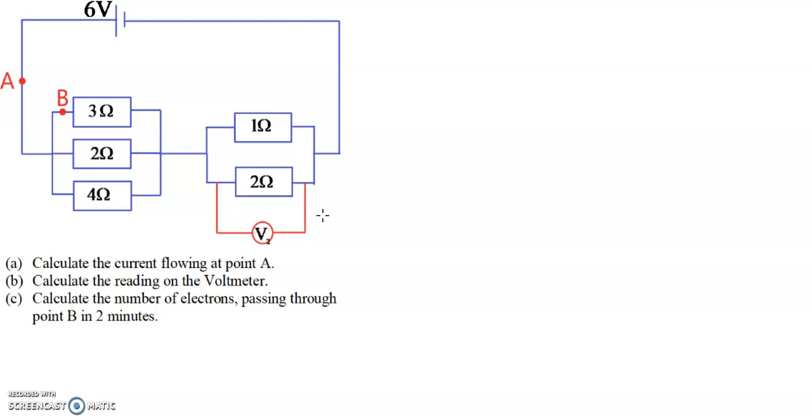The first thing is to look at the three resistors in parallel and find the equivalent single resistance for these three in parallel. To do this, we use the reciprocal rule. I'm going to denote R1 as the equivalent resistance. So 1 over R1 equals 1 over 3 plus 1 over 2 plus 1 over 4.